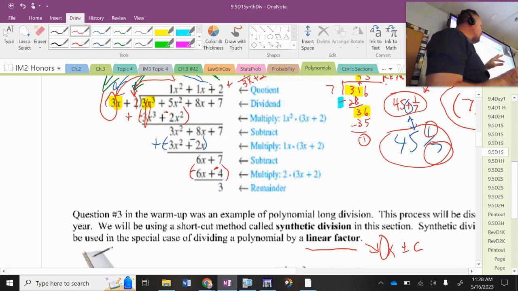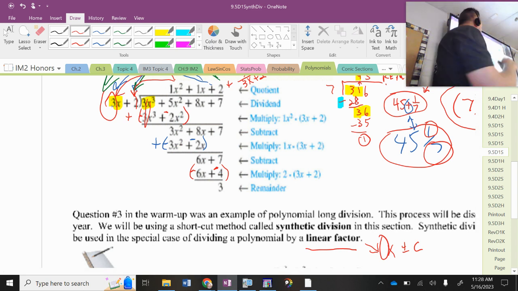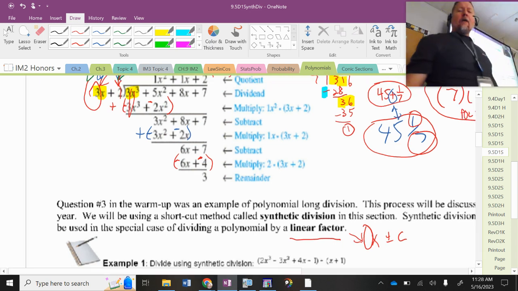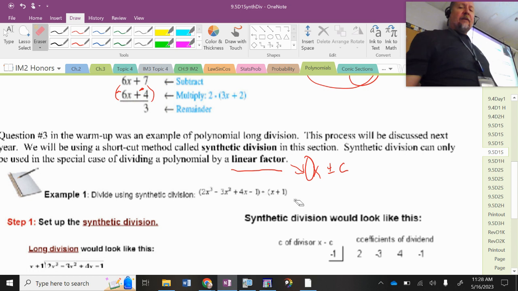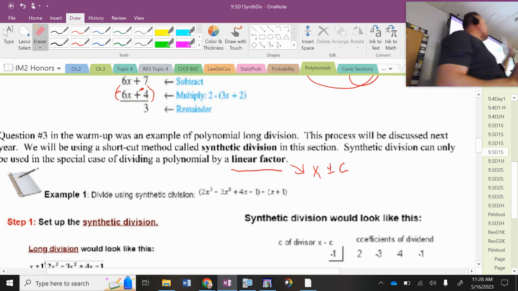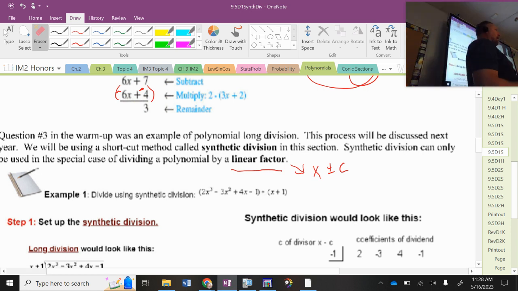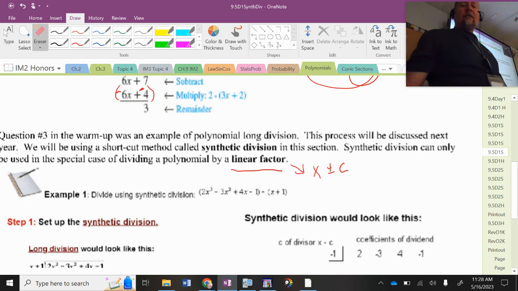Those that are on the high end of math, you'd be able to figure out how you do this synthetically and what the difference is between real division and synthetic. But for our purposes, and you'll probably investigate that next year, we're only going to synthetically divide by x plus or x minus a number. And that's really the key.